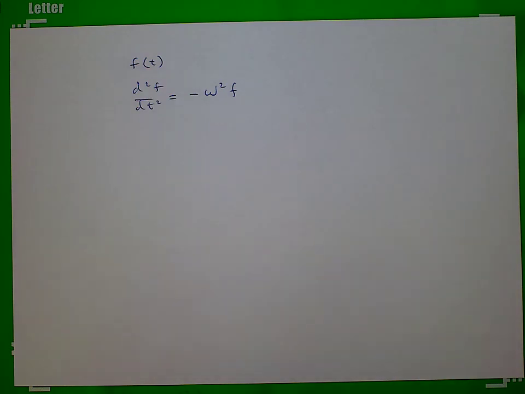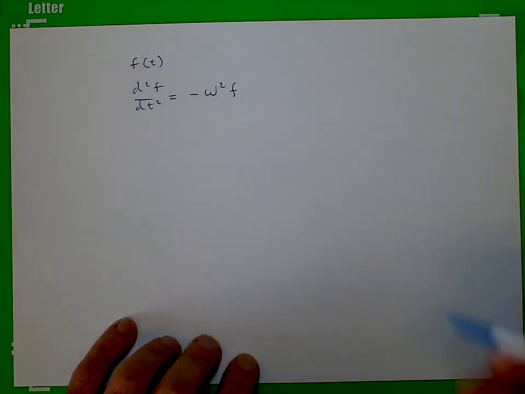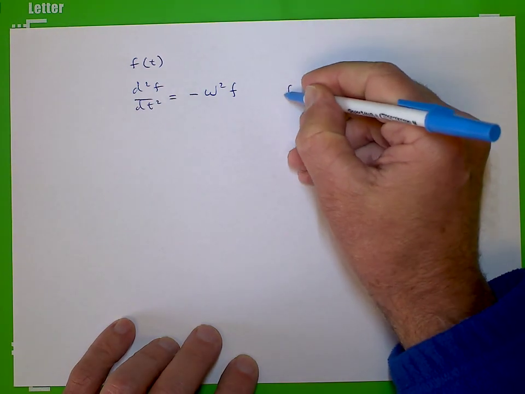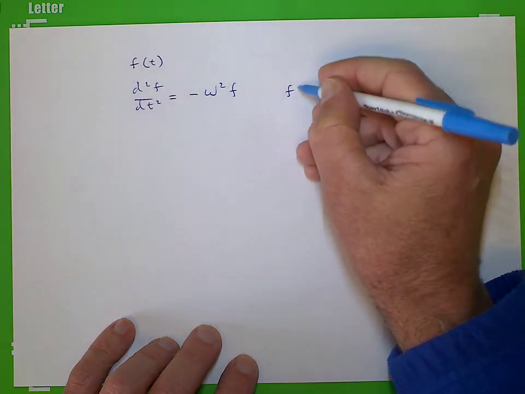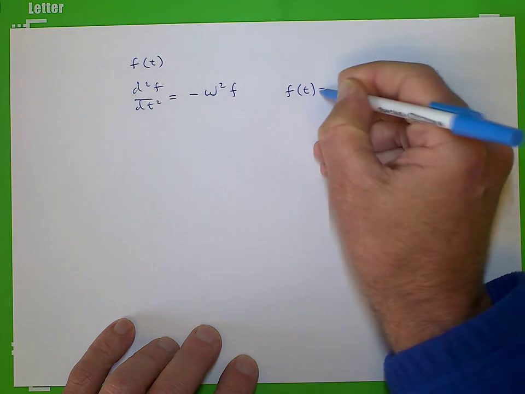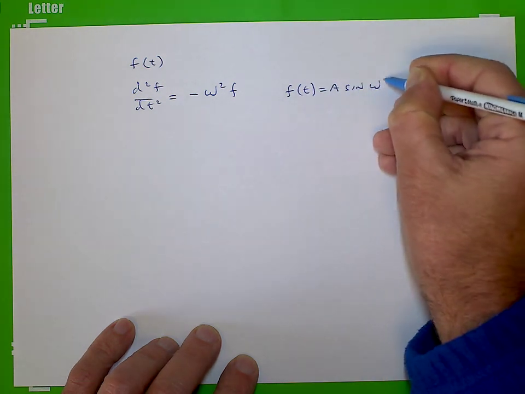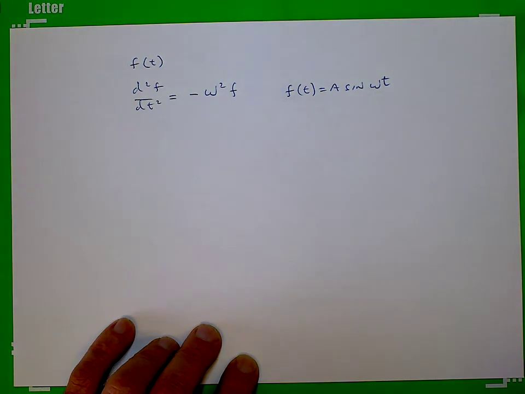In your assignment you've got some problems to do with differential equations. They also don't ask you to solve them. But let's see, if we're told that a solution to this differential equation is f of t equals a sine omega t, let's verify that that is a solution.